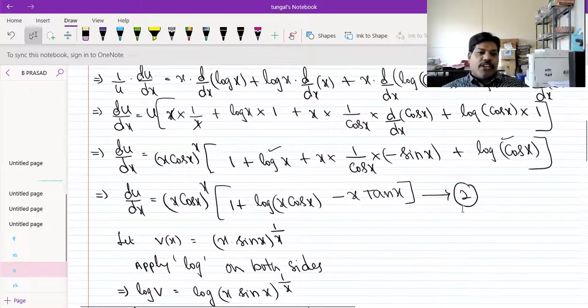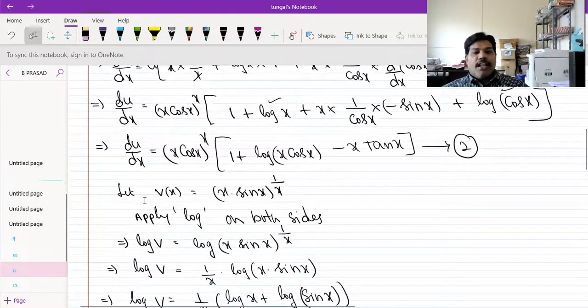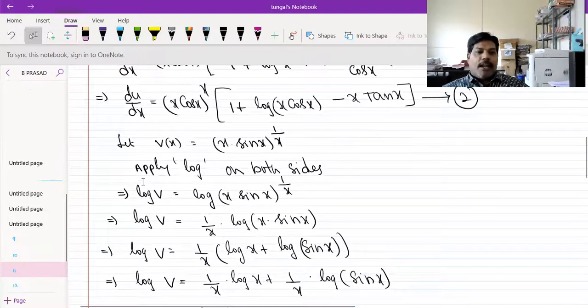After getting this equation, let v of x be equal to x into sin x whole power 1 by x. Apply log on both sides. Log v is equal to log of x sin x whole power 1 by x.